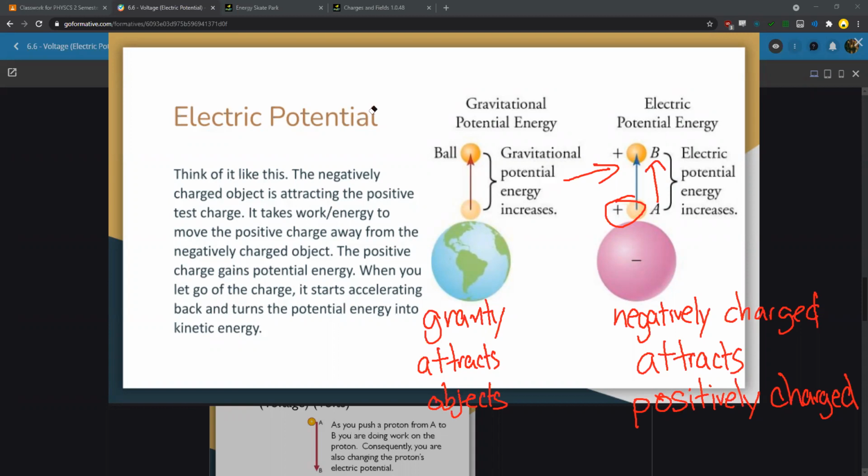What happens if I were to suddenly let go of the object at point B? What happens to my electric potential?